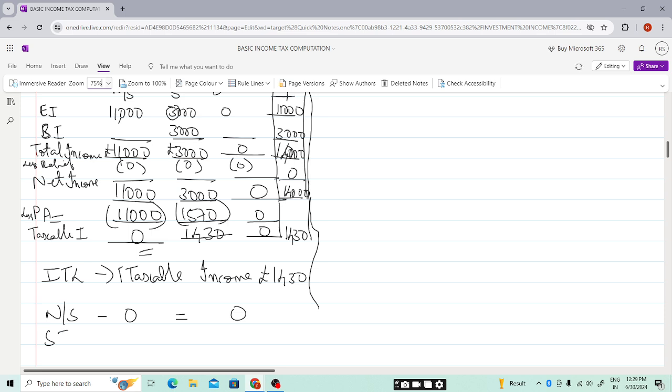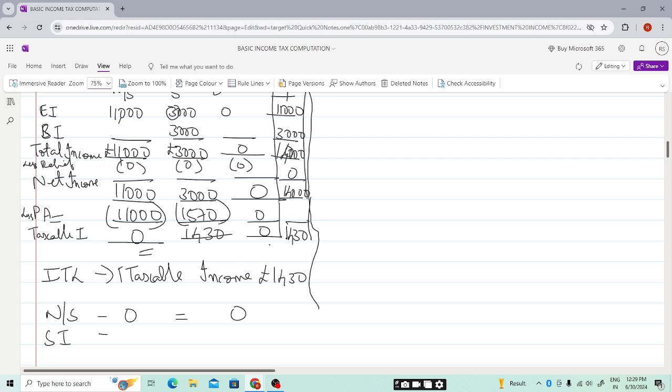For saving income, after calculating the income tax liability for the non-saving, we will be calculating for the saving income. For saving income, we have the order, that are the 3 rules. First is the 5000 rule. Now see whether the saving income taxable income falls within the first 5000 pounds of the taxable income.